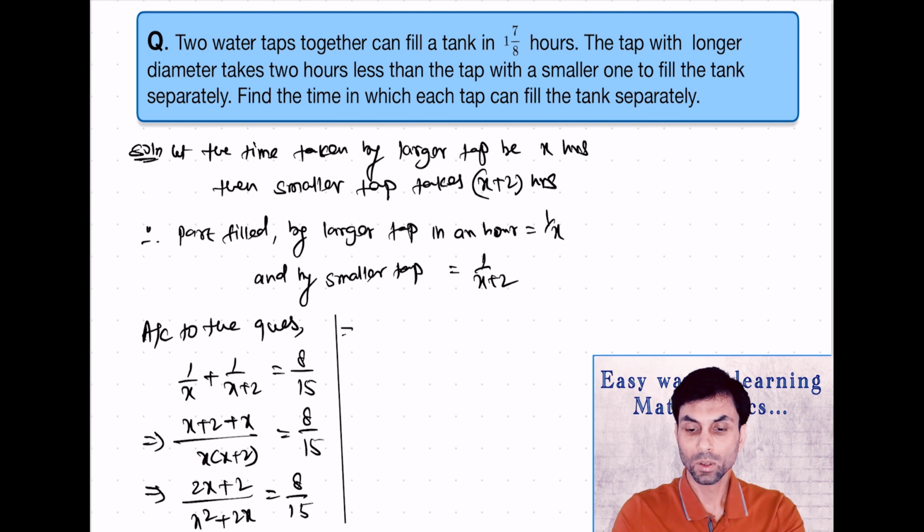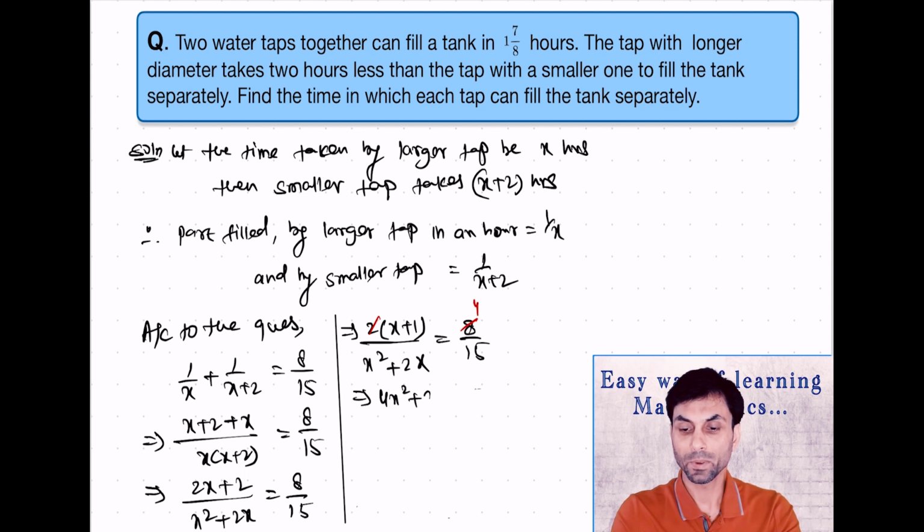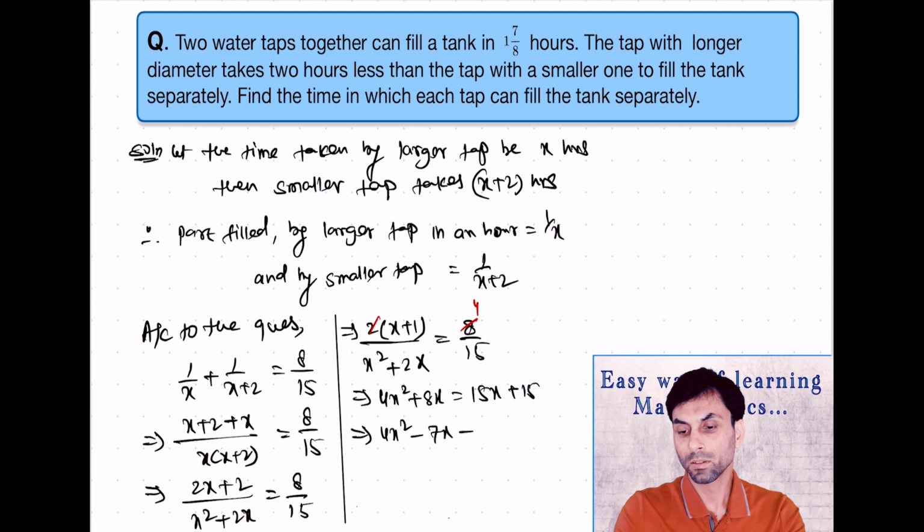So here we can take 2 common, this will be x plus 1 upon x square plus 2x equals 8 upon 15. We can cancel this 2 and 8 four times, which will be equal to 4x square plus 8x equals 15x plus 15, which can be written as 4x square minus 7x minus 15 equals 0.